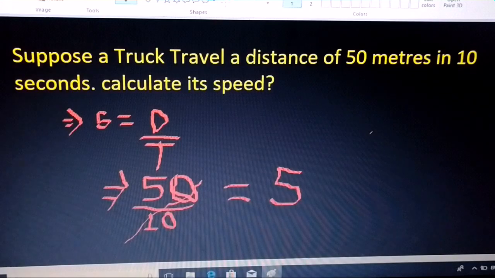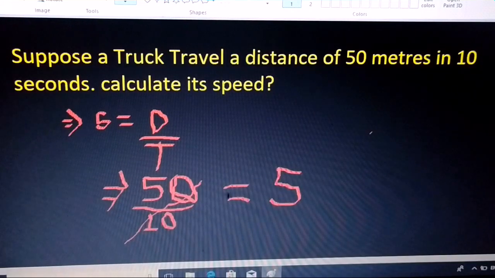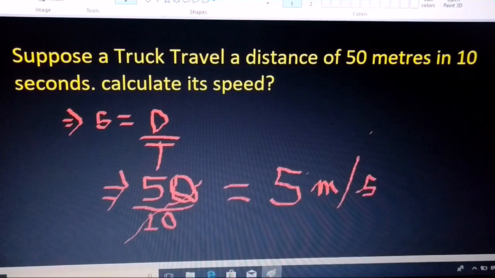We have to write the SI unit, it's very important. So it is 5 meter per second. The speed of the truck is 5 meter per second.